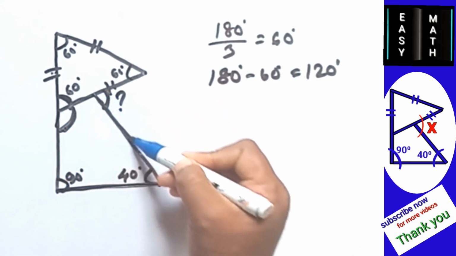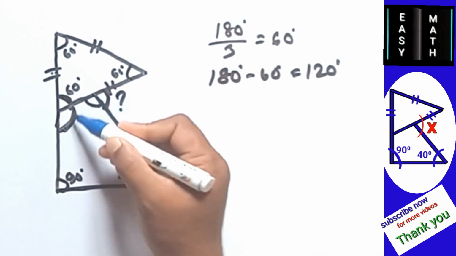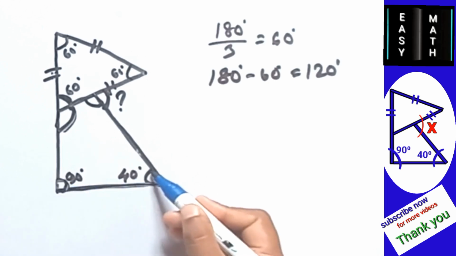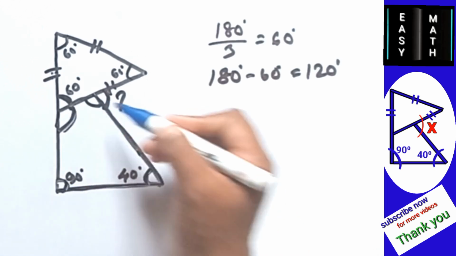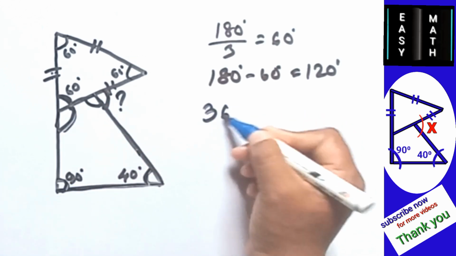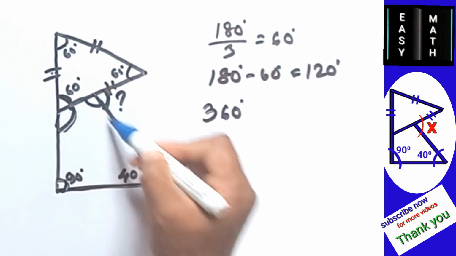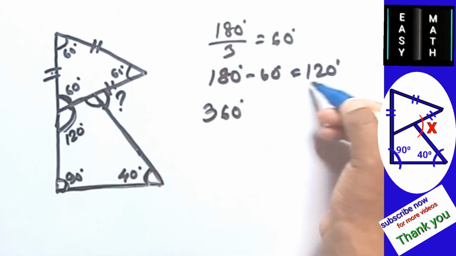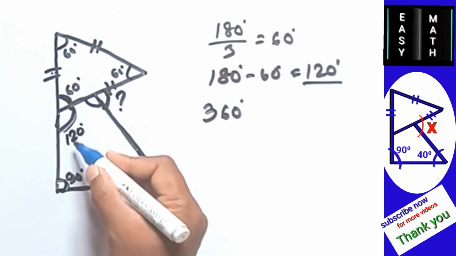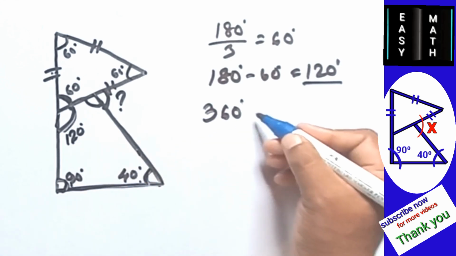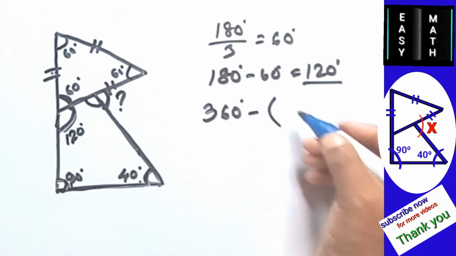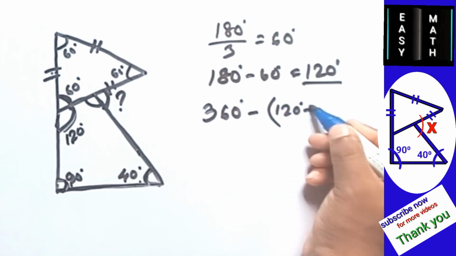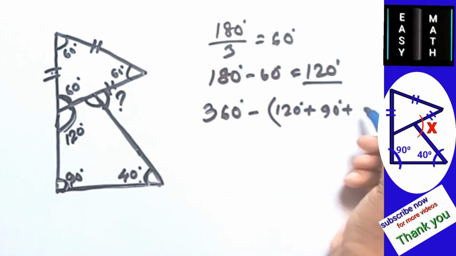And now this angle in a quadrilateral, there are 4 angles. The total value of the 4 angles is 360 degrees, and we find this angle and this angle, so minus 90 degrees plus 90 degrees plus 40 degrees.